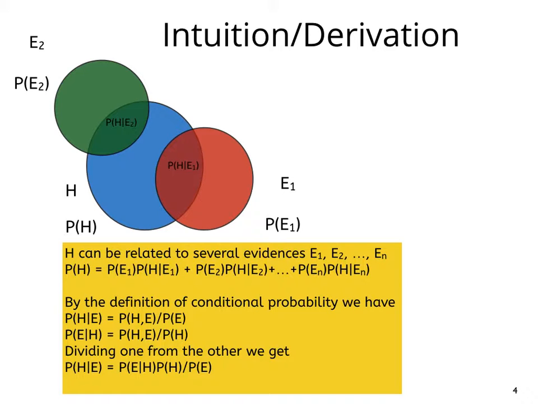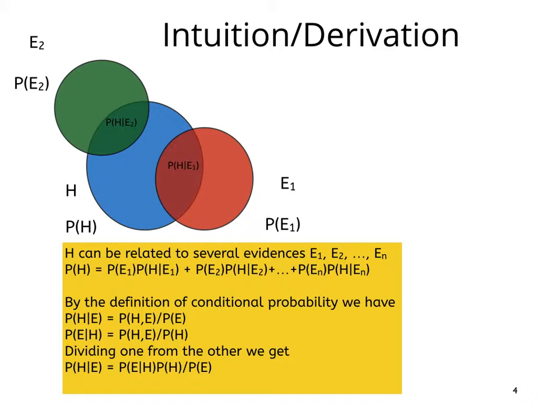So we have evidence E1 occurring, and when E1 occurs, what is the probability of observing the hypothesis H being true, plus evidence E2 is true, and given that how confident we are about the hypothesis being true, and so on and so forth.